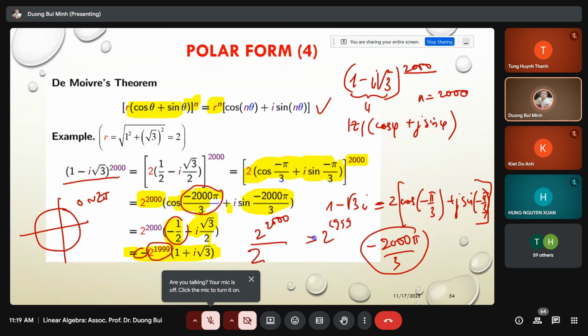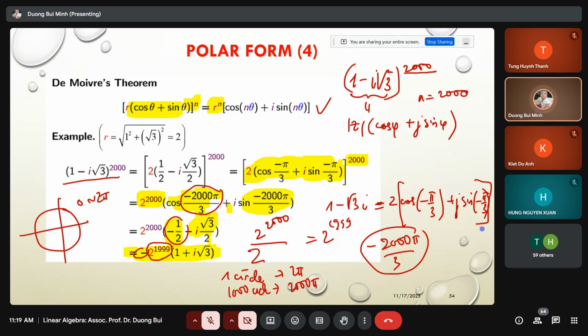Let me see how I can explain this one. You can see that from one circle, you get 2 pi. So if we have 1000 circles, you get 2000 pi.